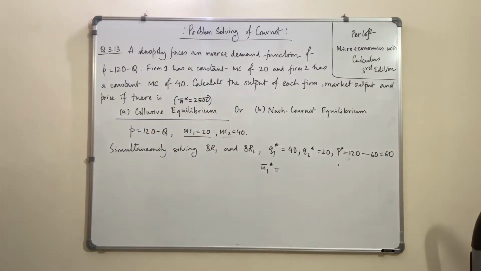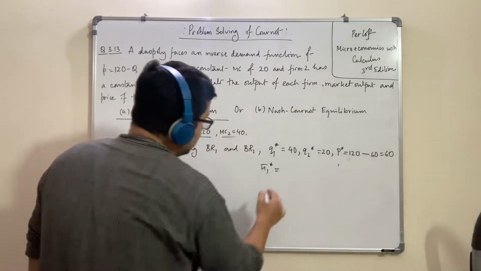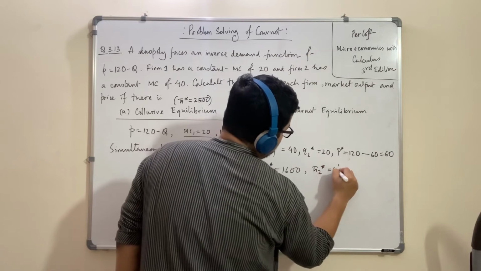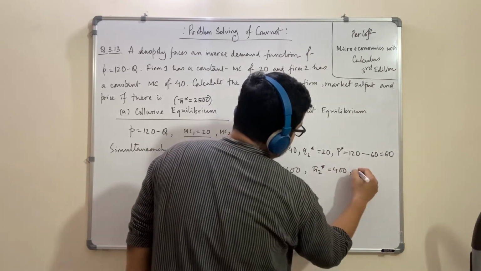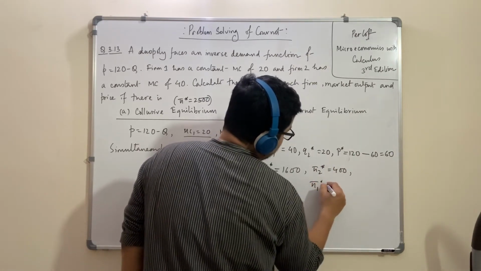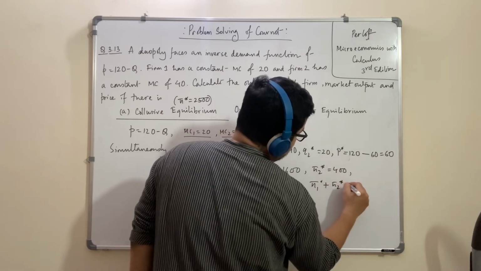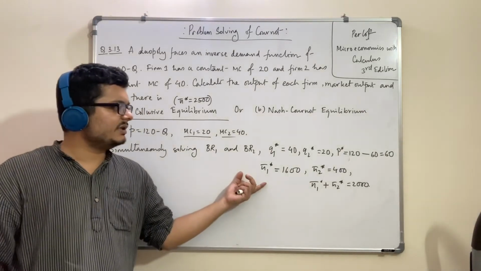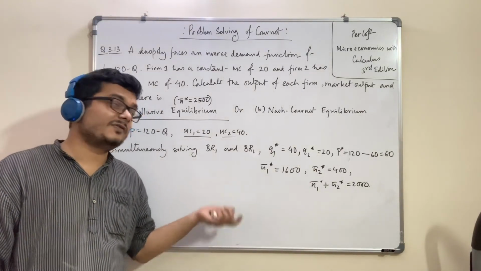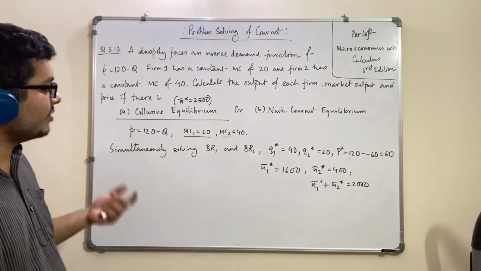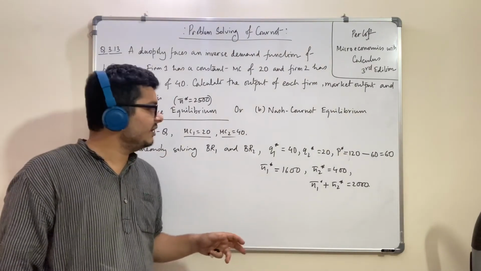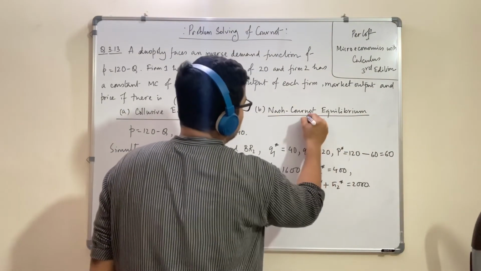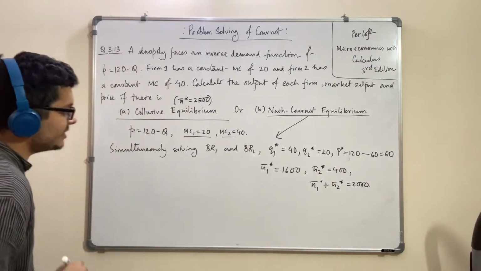So pi 1 star will be 1600 and pi 2 star will be 400. So the industry profit, pi 1 star plus pi 2 star, is 2000. This is what we discussed very briefly in the very first class: the joint profit is not maximized when the firms are playing Nash-Cournot.